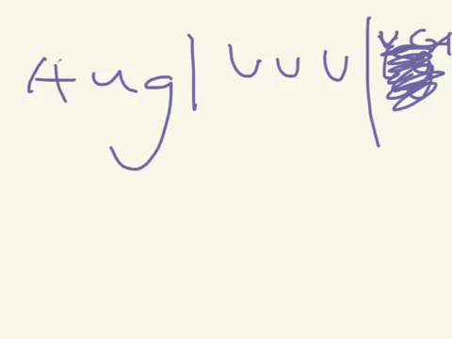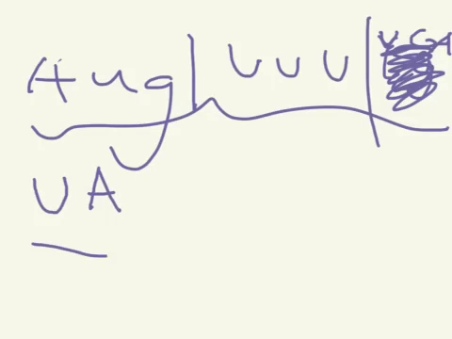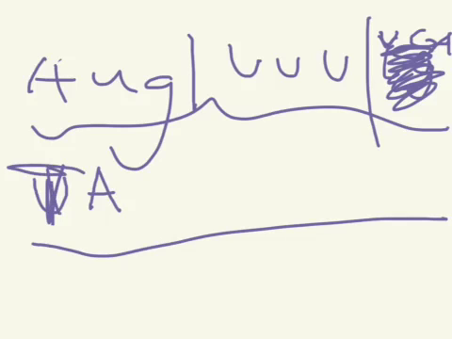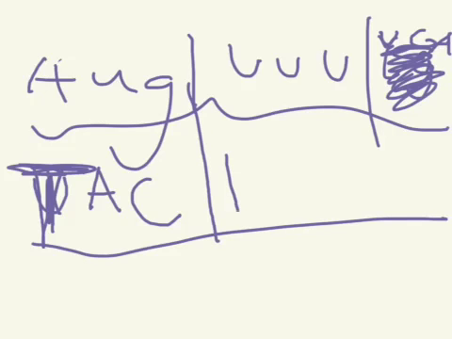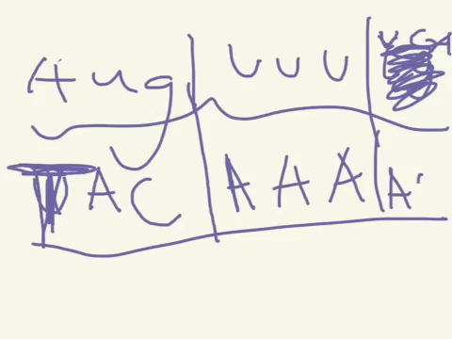Sorry, that's kind of hard. After that, the RNA would come and pair with it. Oh no, sorry. If this was the RNA, this is the DNA. It would be T, A, C. Then it would be A, and then A, C, T. That sequence would be MET.